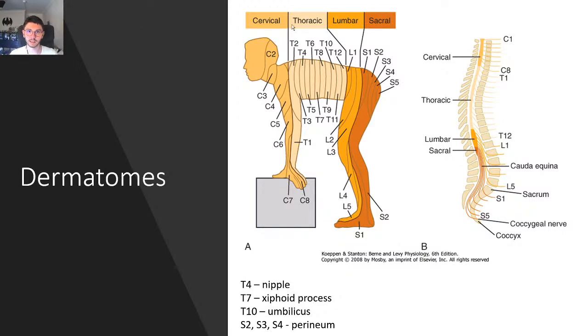But I think this is an easier way to visualize dermatomes, because you have the man standing up from anterior and posterior, which can be quite difficult. But this is how the dermatomes act as if it were a four-legged animal. So as the spine changes, therefore the dermatomes as well.